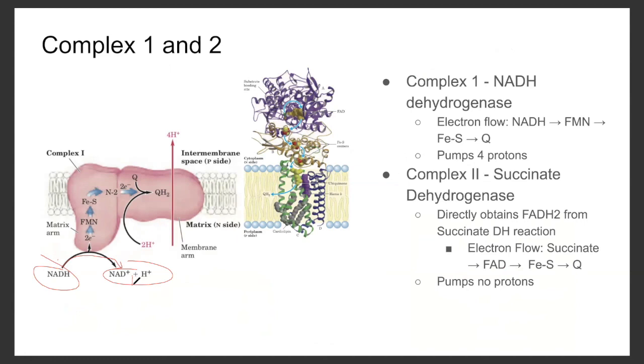Now, that's the end of the story if we're talking about glycolysis and TCA, but what actually happens to the electrons after they drop them off? The only thing that you should really think about is the order of passing down the electrons. So the electrons go from NADH to FMN, the compound we talked about earlier. Then FMN gives it to an iron sulfur cluster.